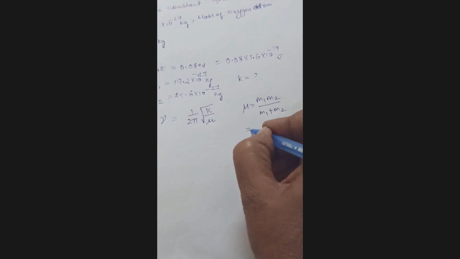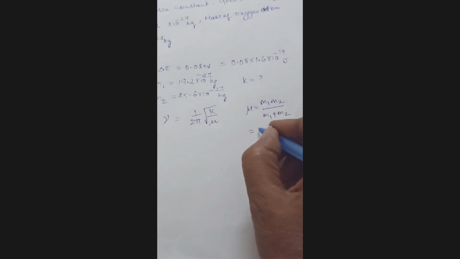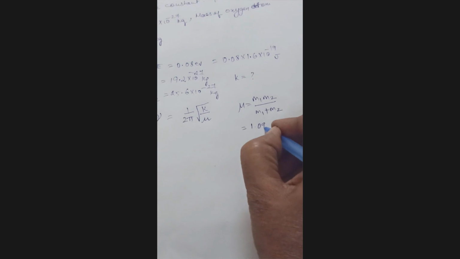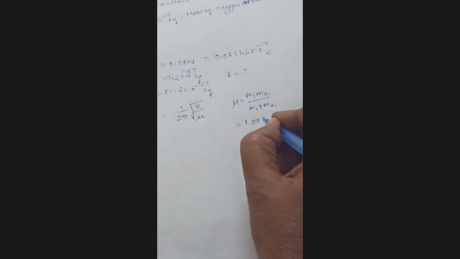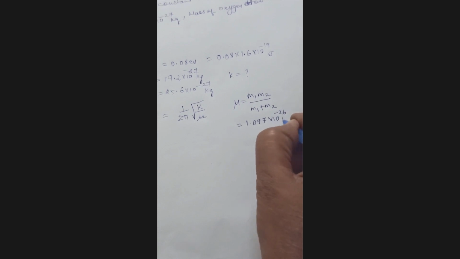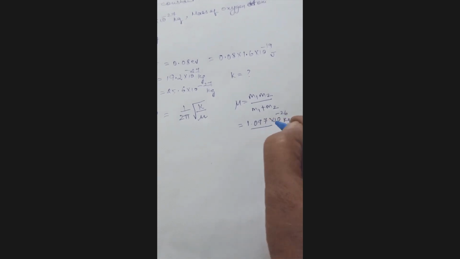When we do the substitution and simplify, we get the value to be 1.097 into 10 power minus 26 kgs. This is the mu value.